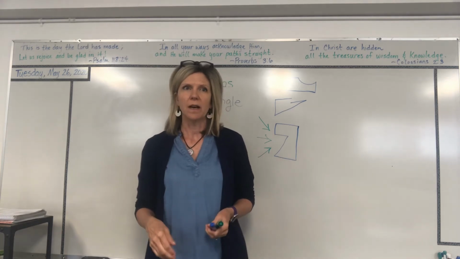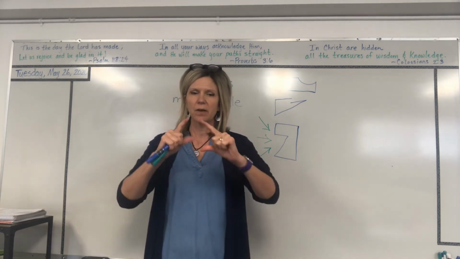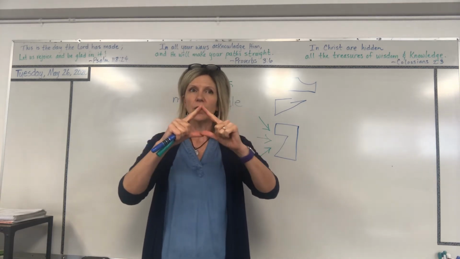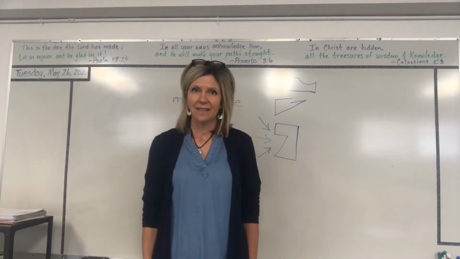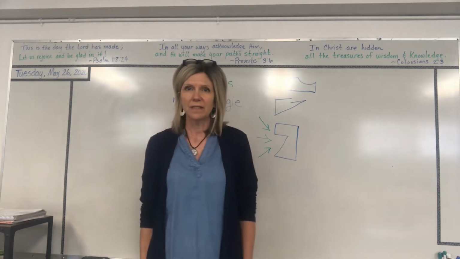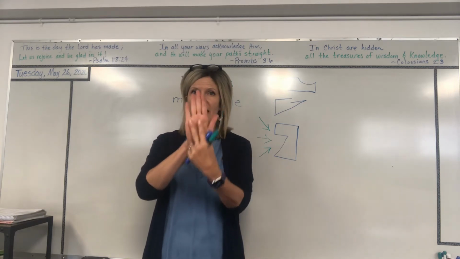Polygon, you would say polygon. And then you'd go closed, because this shape right here is closed. There's no openings, okay? Closed, flat, straight sides. Polygon, closed, flat, straight sides. Polygon, closed, flat. This is a flat part of my hand.